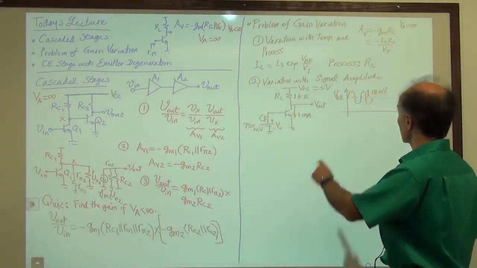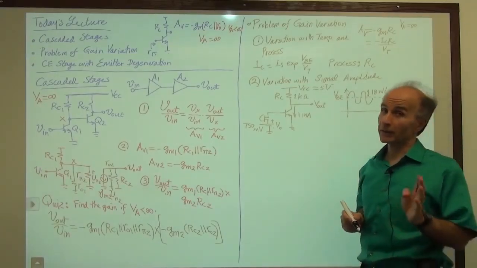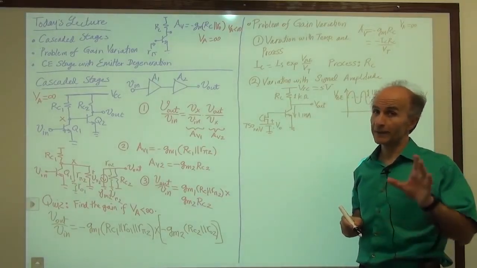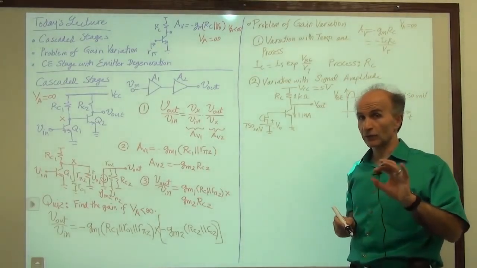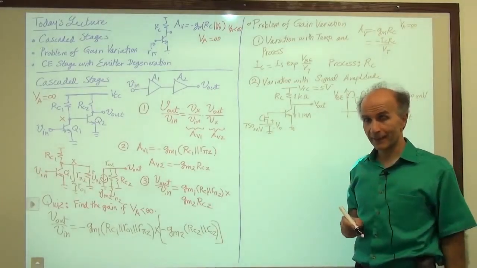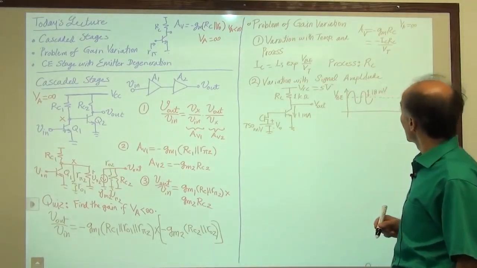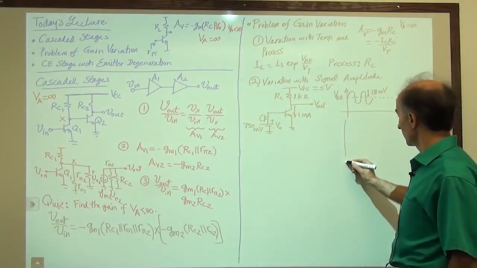All right, so 18 millivolts peak, 36 millivolts peak to peak. Now, again, you should not compare 18 millivolts with 750 millivolts. That's not the right reference point. You should compare it with VT, 26 millivolts, as we will see in a second. All right. Okay, so now let's go look at the output and see what we have there.